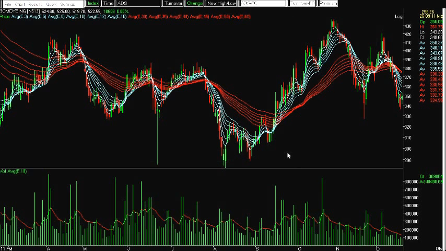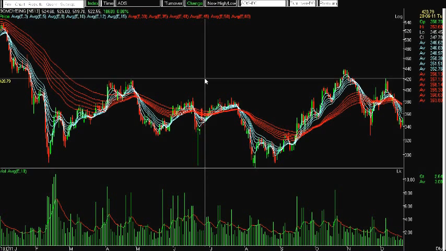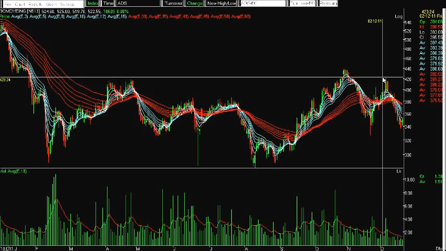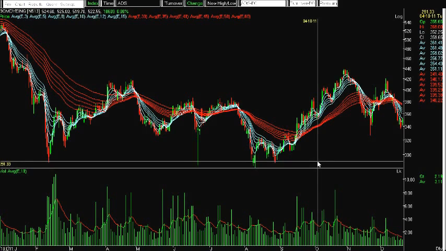So you can see the stock is moving in a strict range from about this level to about this level. There is no clear big move. So as a trader, you want to avoid such stocks where there is no clear direction.